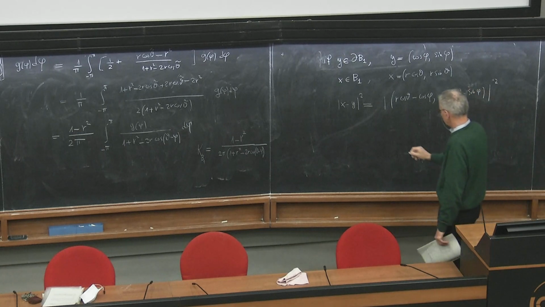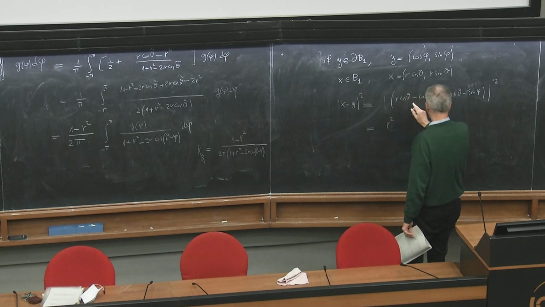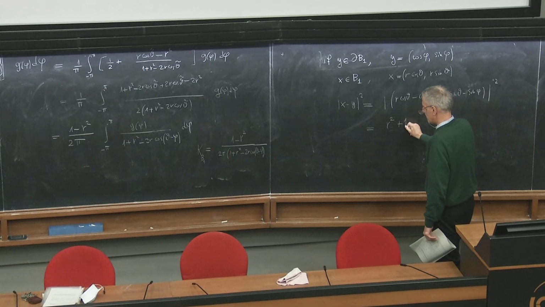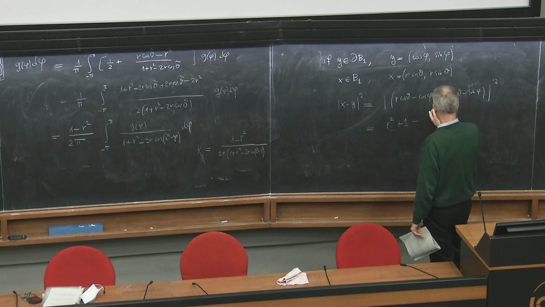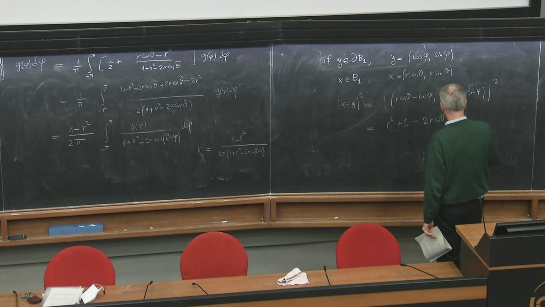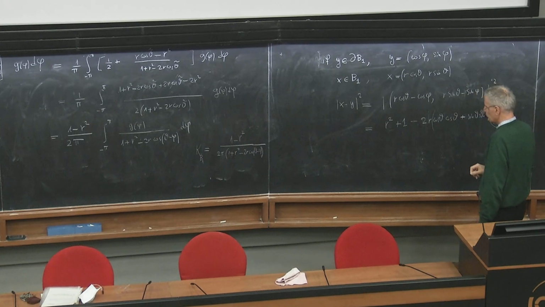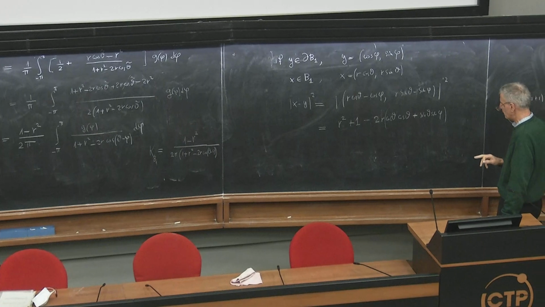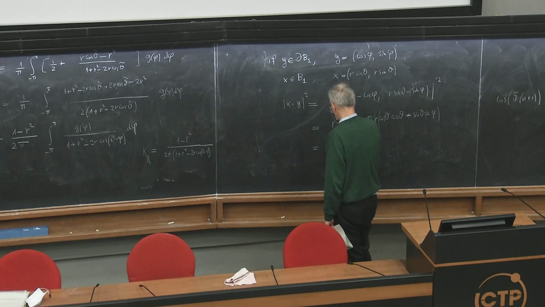So this is r squared plus 1 minus 2r cos theta cos phi, which should be exactly equal to the denominator.